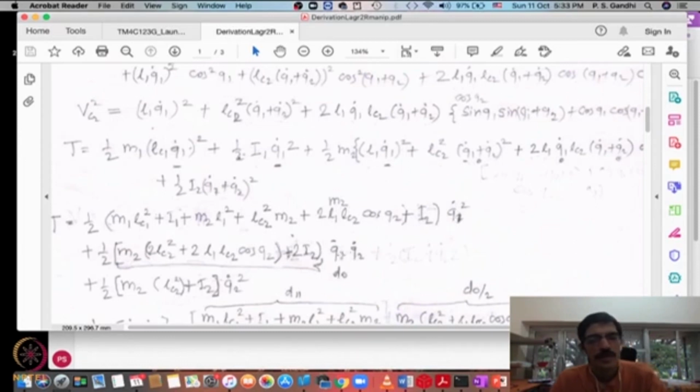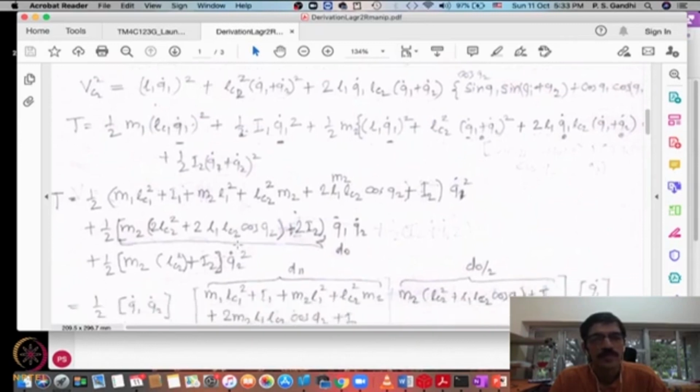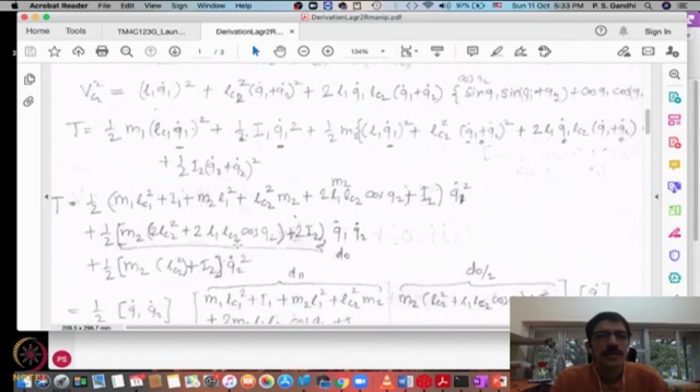So we are generating a quadratic form for the kinetic energy expression here. This also has a value. We'll discuss what value we add by using this kind of form.